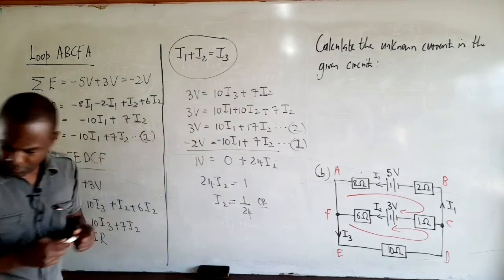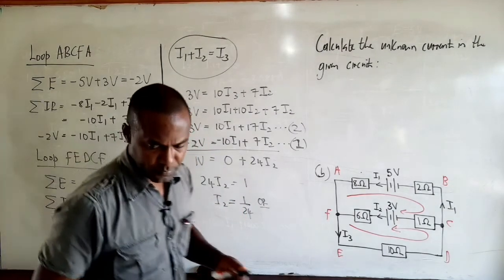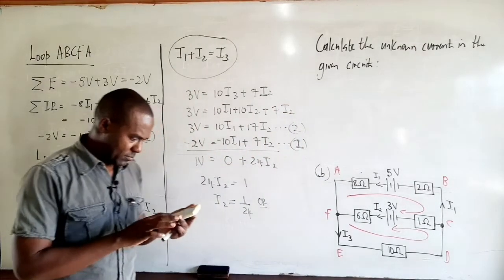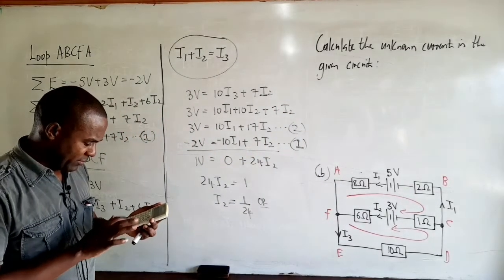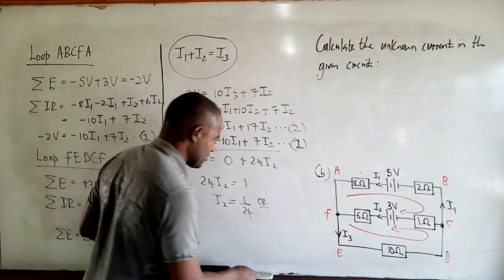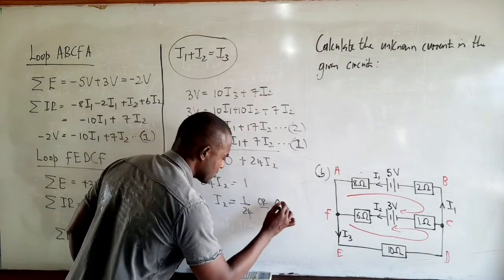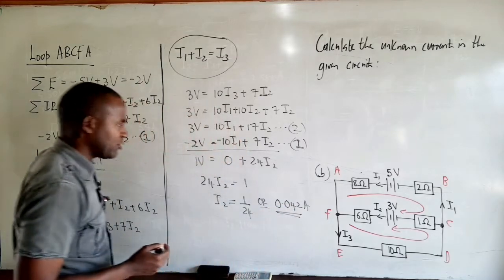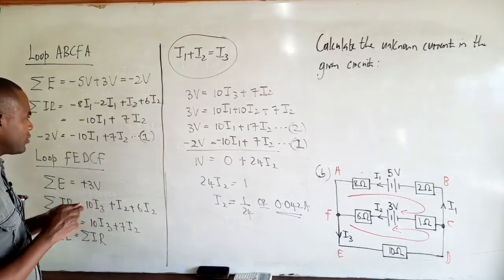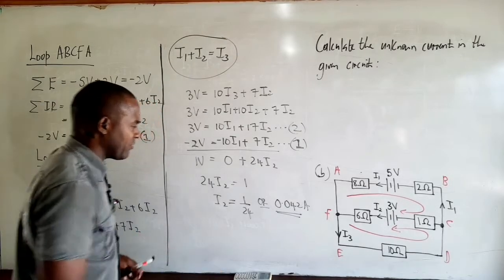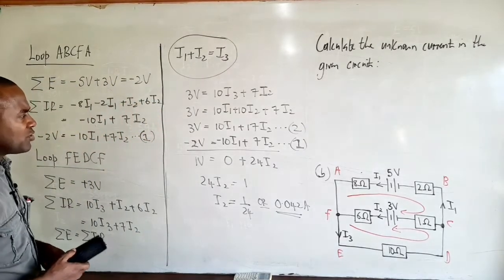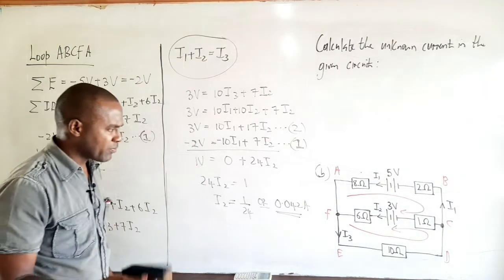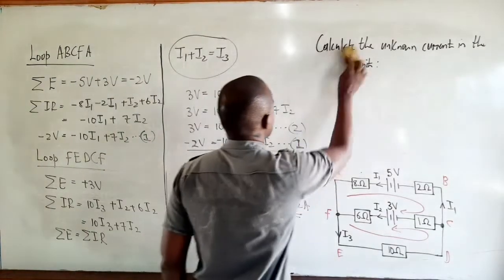So 1 divided by 24, and that gives us 0.042 amperes. Alright, so the current I2 is equal to 0.042 amperes. Now, having found the value of I2, we can then make the substitution into either equation 1 or equation 2 and find the value of I1 and then proceed to find the value of I3.